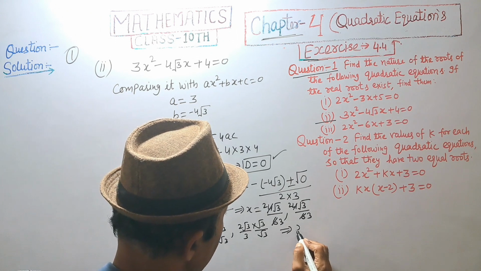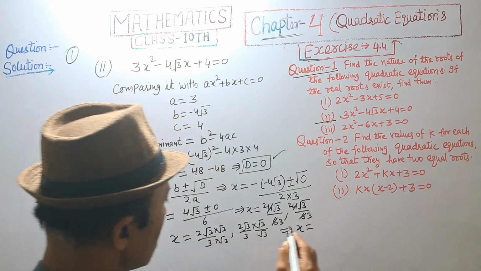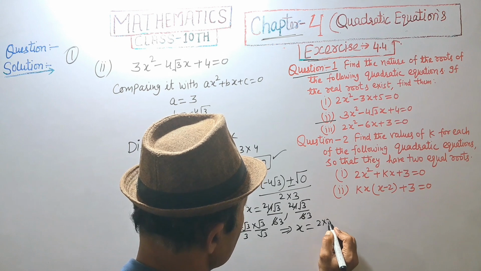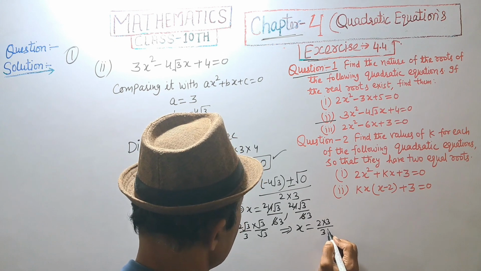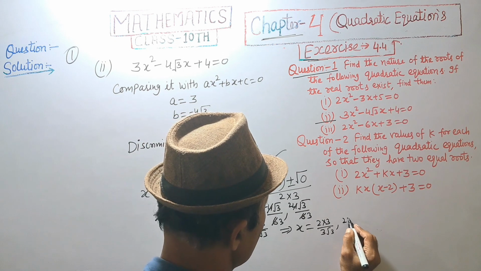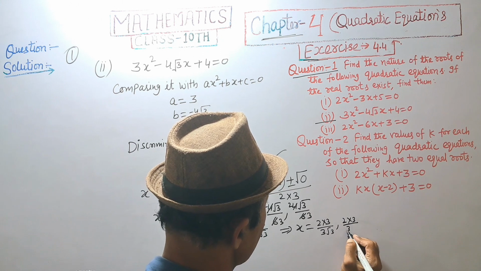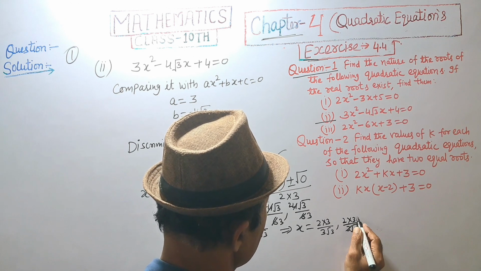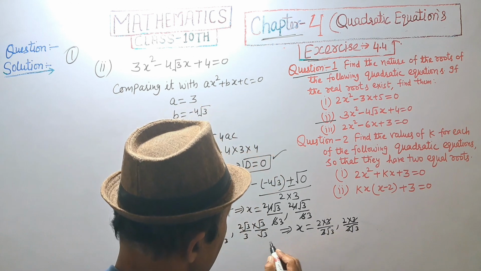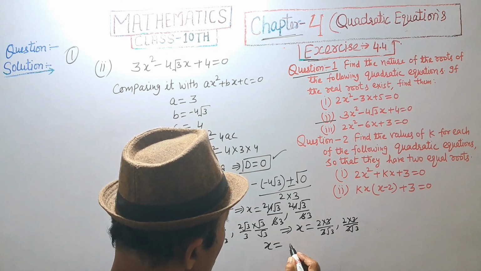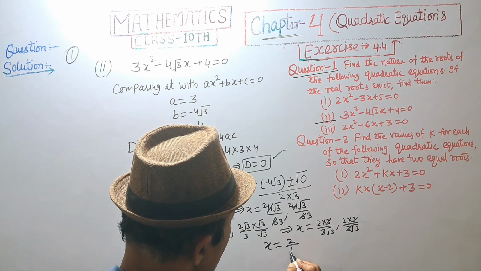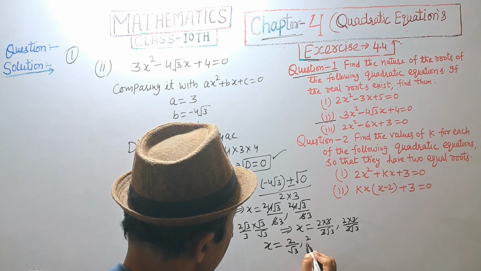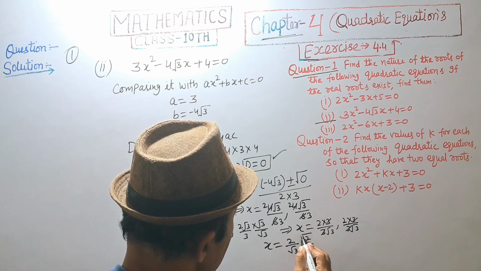This implies x is equal to 2 into 3 upon 3 root 3. 3 is cancelled, and we get two equal roots, that is 2 upon root 3, 2 upon root 3.